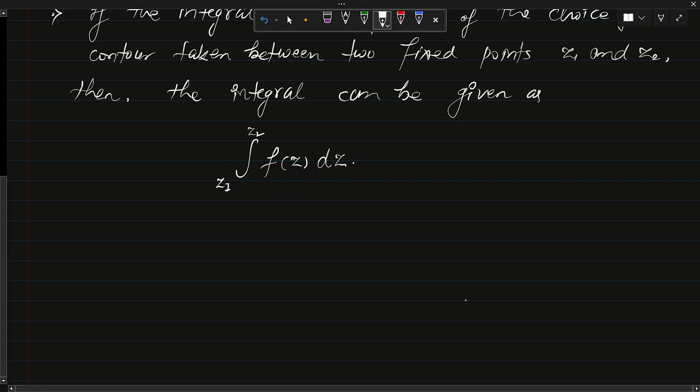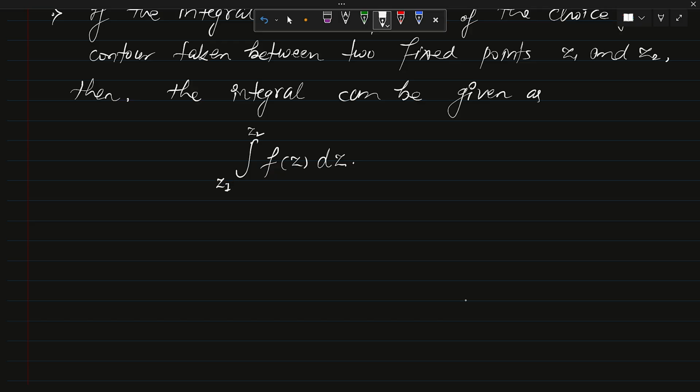Okay, so this is the integration of this function from the point z1 to z2. When do we write this? When the integral is independent of the choice of the path joining z1 and z2, then we can write this integral in this form.